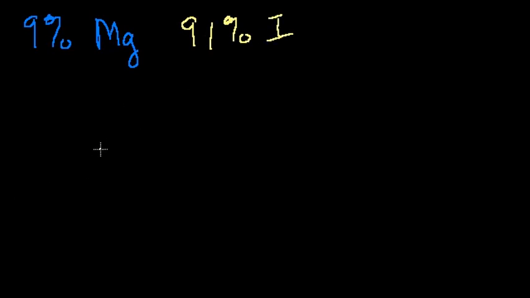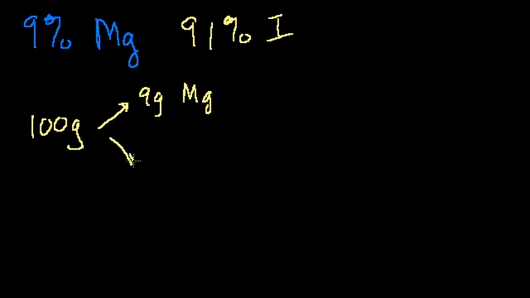So the way to do all of these is just to do the same thing. Assume you have 100 grams. So if you have 100 grams, of which you have 9 grams of magnesium and 91 grams of iodine, then figure out what would be the mass of a mole of magnesium and a mole of iodine.